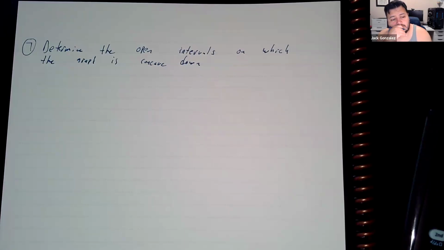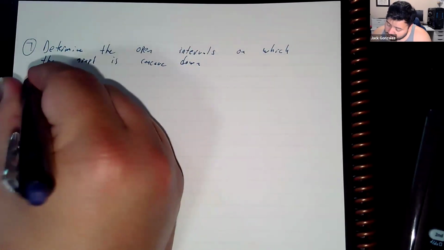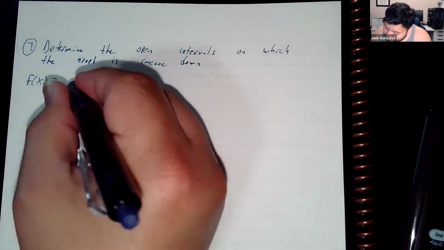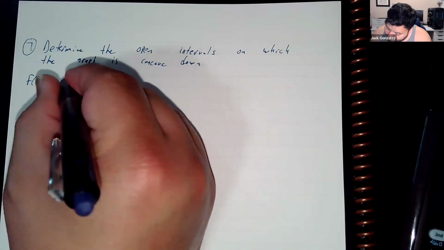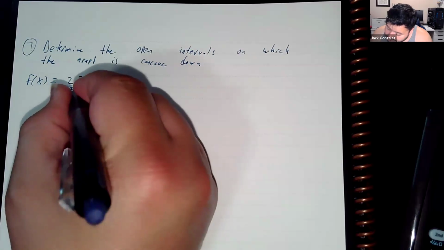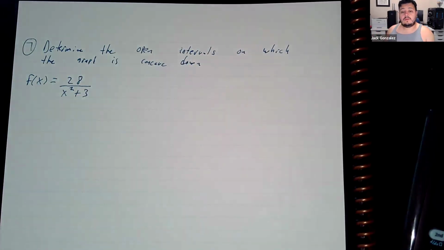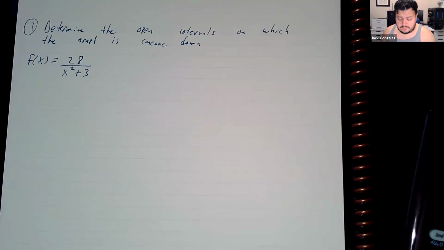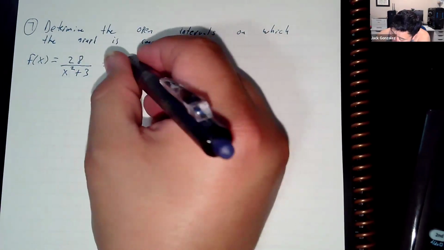Trying to figure out... Well, I don't know. I'll figure out the easiest way to do this derivative because I hate quotient rule, but sometimes you got to do it. But I'm thinking maybe we can be clever.